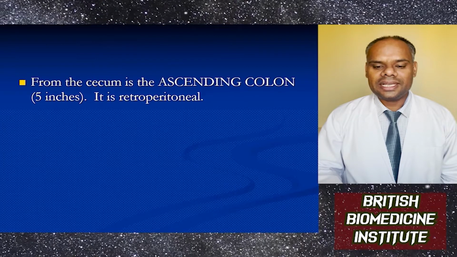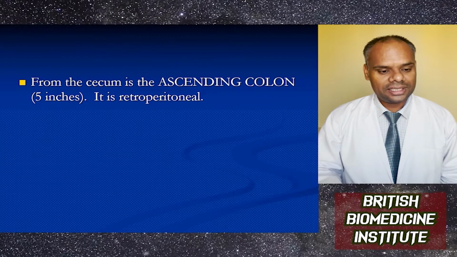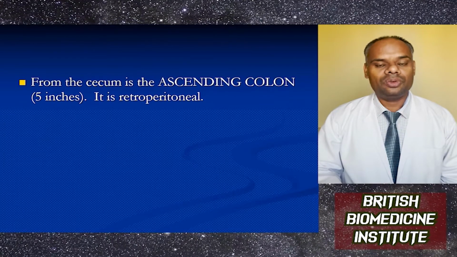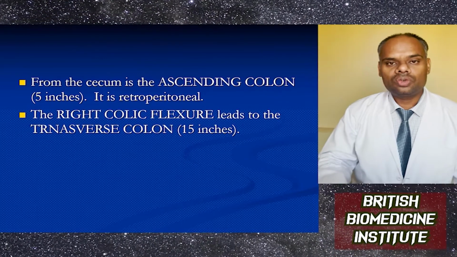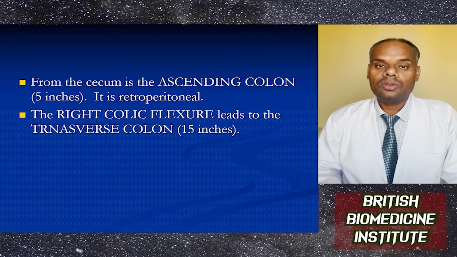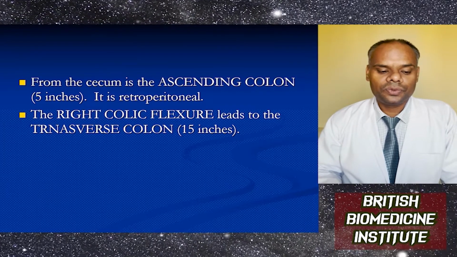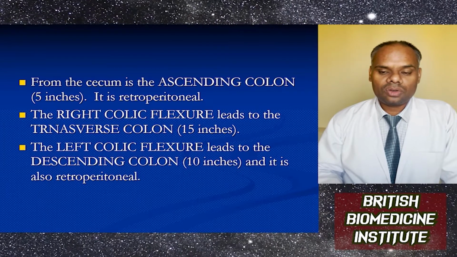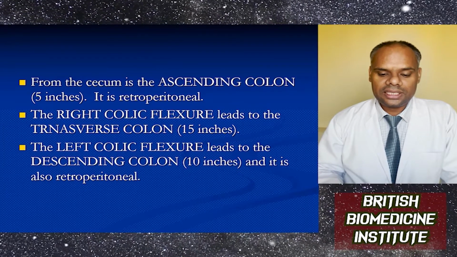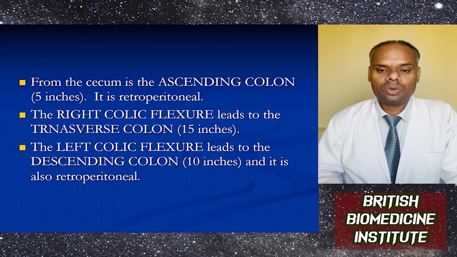From the cecum is the ascending colon, which is 5 inches and retroperitoneal. The right colic flexure leads to the transverse colon, which is 15 inches, and the left colic flexure leads to the descending colon, which is 10 inches and retroperitoneal.